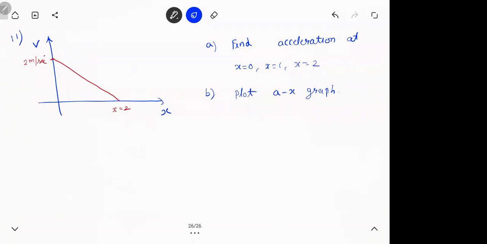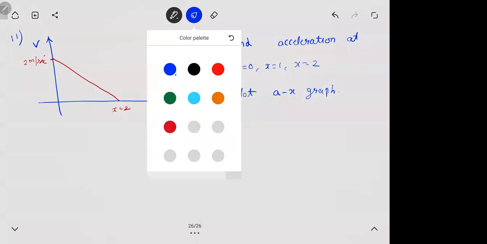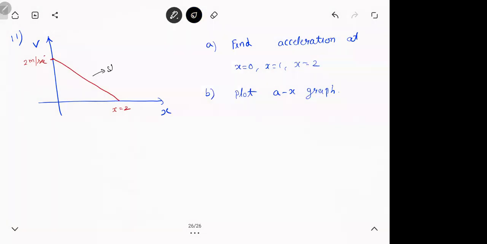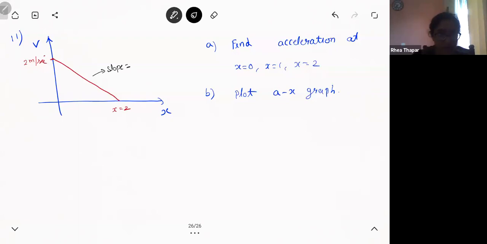Any answers first from x0, x1, x2? I'll show you one. See. First thing, what is the slope of this? Someone? Raja?